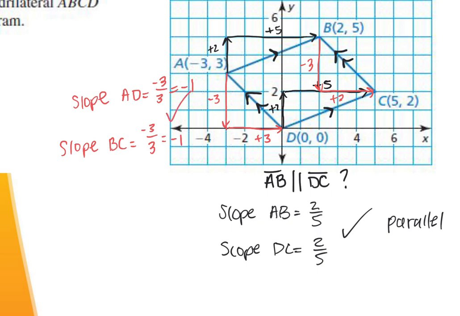Yes, so we say that they are parallel. So if you're given the option to pick any method that you want, I recommend this one, okay? Because it's the easiest. You can just show the slopes are all the same for two pairs of opposite sides.